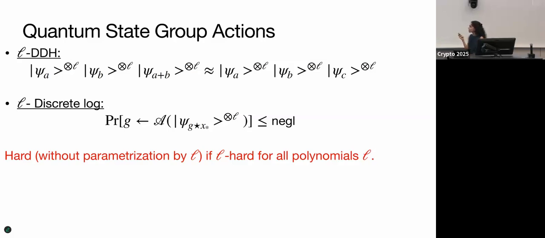Similarly, the L discrete log assumption would be: an adversary that's given L copies of psi G star, the starting element, should find it hard to produce G. And we say that an assumption in general is hard if it's L hard for all polynomials L.